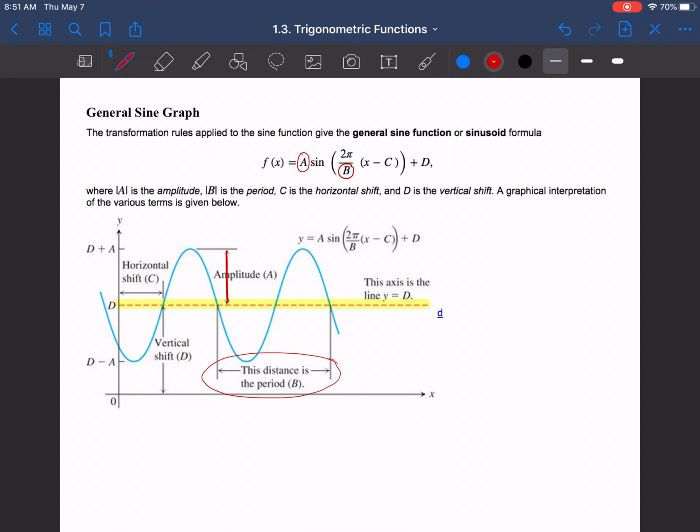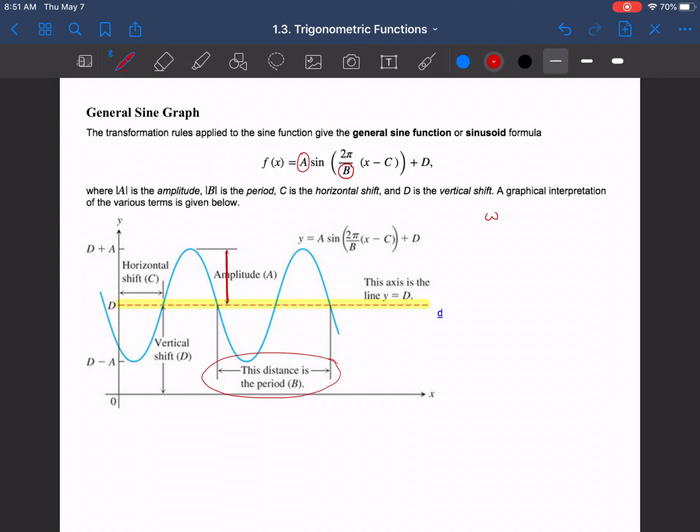This comes from the idea of something called angular frequency or angular velocity. Typically it's the number of radians per unit time or per unit distance that the graph is happening over.